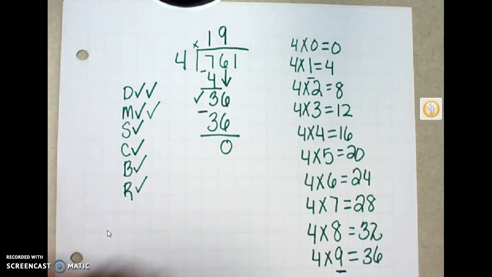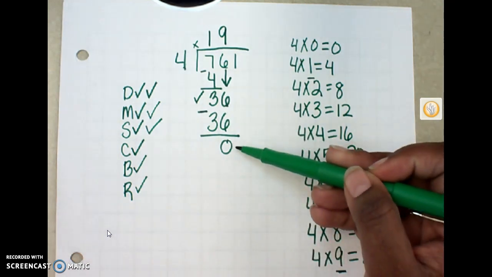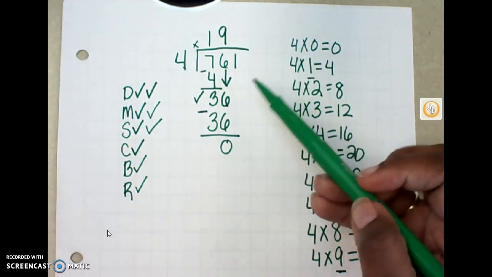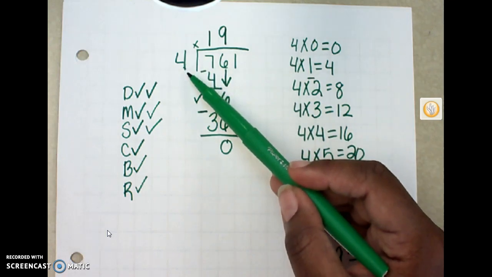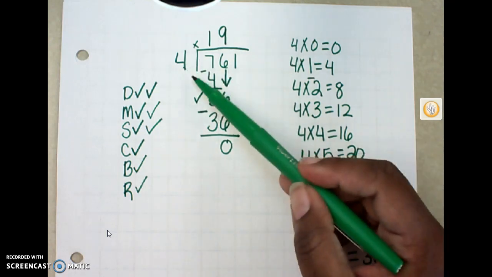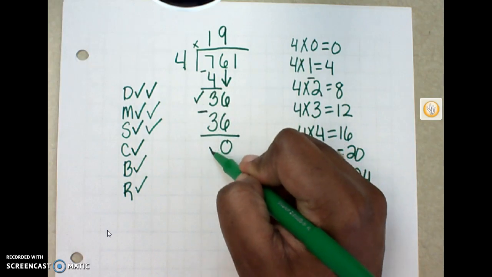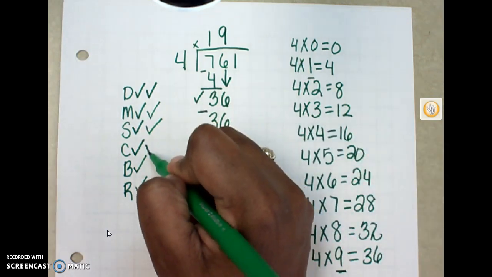I have just subtracted. Now I'm ready to check. I'm checking to see if my remainder of 0 is smaller than my divisor of 4. Well, my remainder is smaller than my divisor, so I'm going to put a check next to 0 and a check next to C.